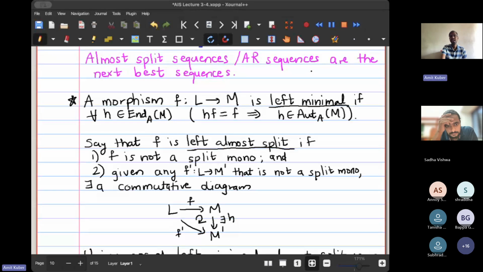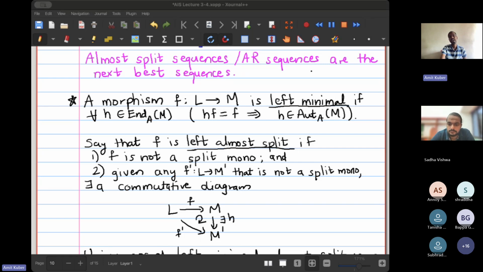We say that a morphism F is left minimal if whenever an endomorphism H satisfies HF equal to F, so H doesn't really touch the image of F, that's the loose idea, then we can conclude that H is an automorphism.